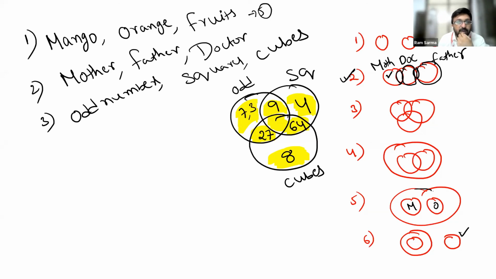See guys, I'll write the number here. It's 1. Do you guys agree? Yes. 1 is an odd number, 1 is a square, 1 is a cube. Yes, that's how it works.